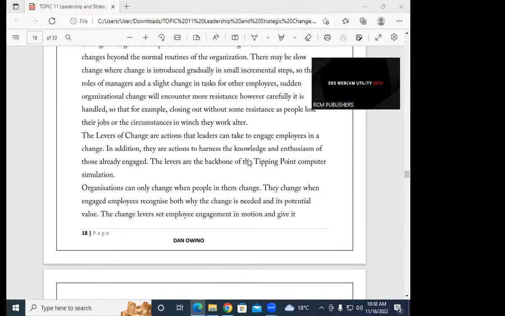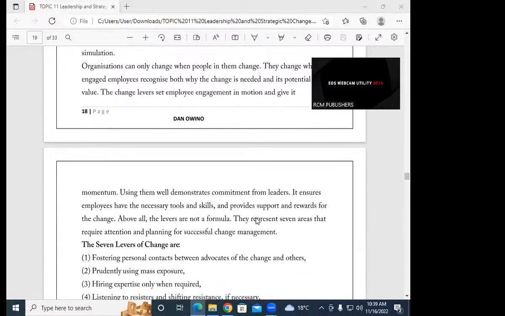The levers are the backbone of the tipping point computer simulation. Organizations can only change when people in them change. They change when engaged, when employees recognize both why the change is needed and its potential value. The change levers set employees' engagement in motion and give it momentum.